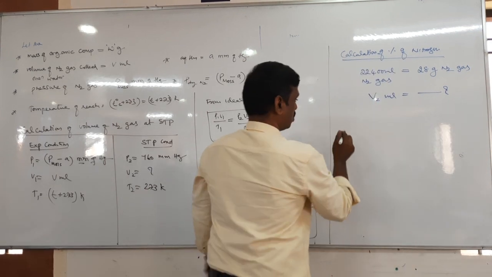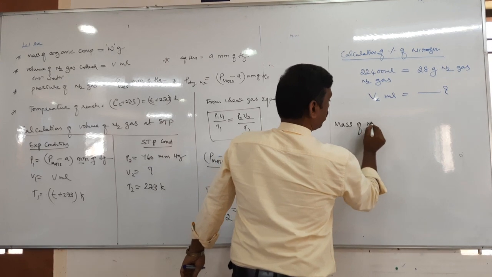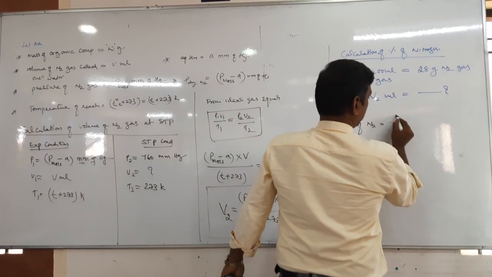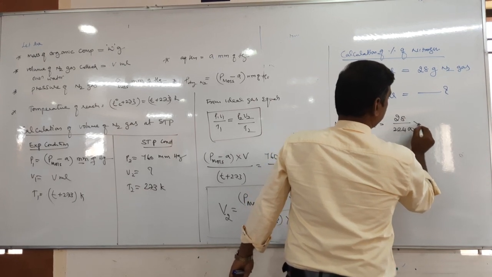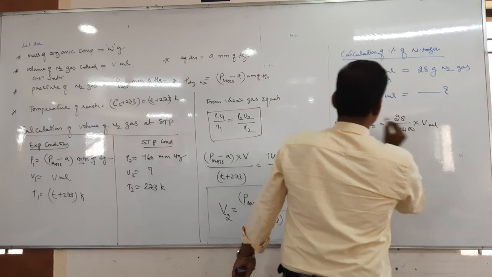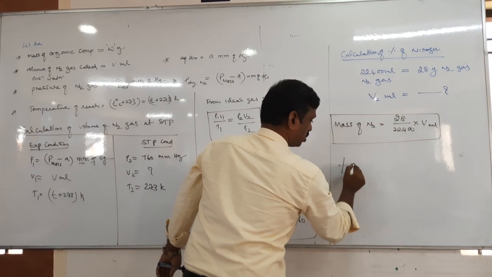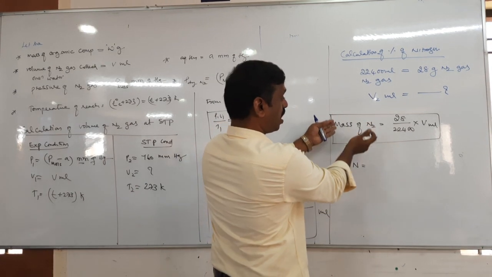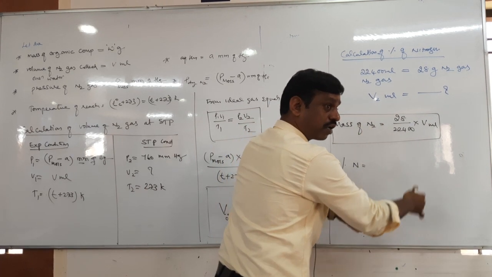So tell me now, mass of N2 is equal to 28 divided by 22,400 into V. But actually we want the percentage of nitrogen. So percentage of nitrogen is equal to mass of nitrogen divided by mass of the organic compound into 100.